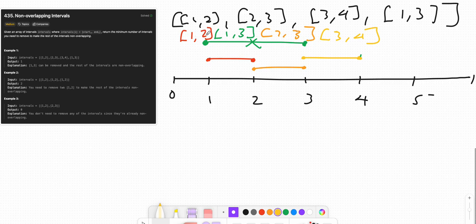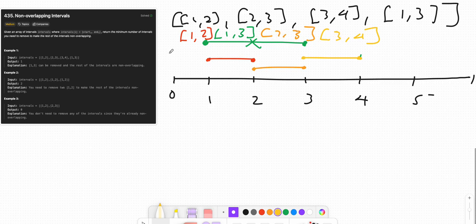So here the end, which is 2, is greater than the beginning. There is an overlap here, right? So we are here and this one is starting from here, so immediately we know that we need to take this one out. And then once we come here, this one, which is 2, is greater or equal to, so we see a 2 here, and then we continue and all of that.